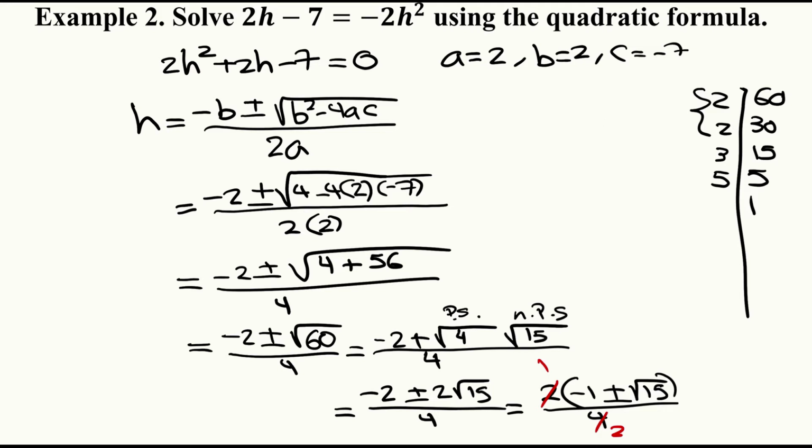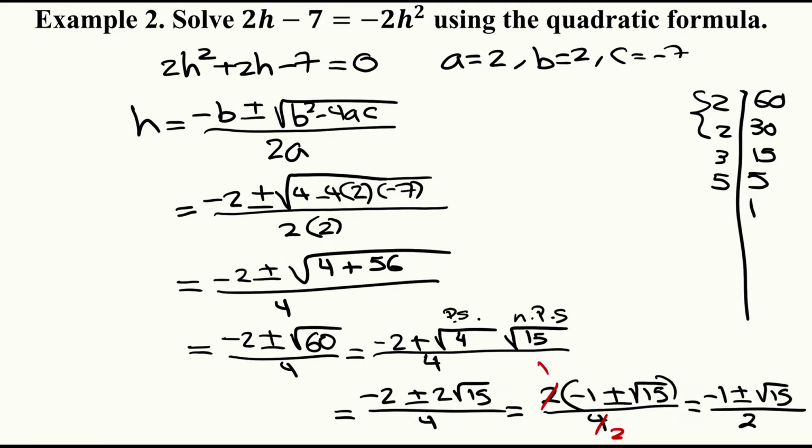So we end up with -1 plus or minus square root of 15 over 2. So we can write our solution set now, and we're going to write it to contain these two solutions here. So -1 minus square root of 15 over 2 comma -1 plus square root of 15 over 2.